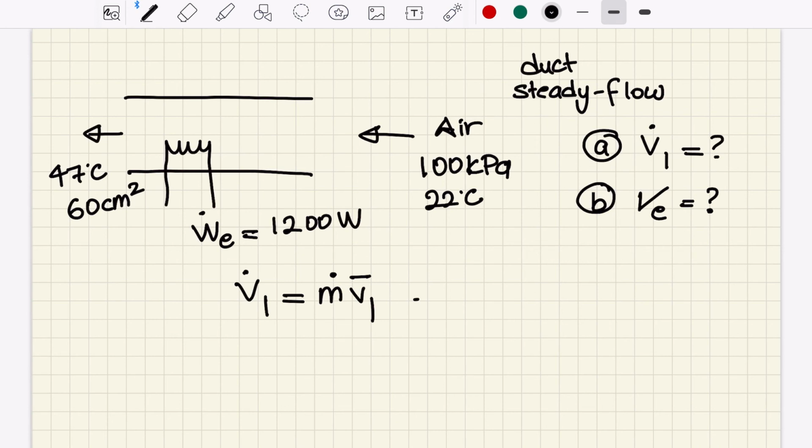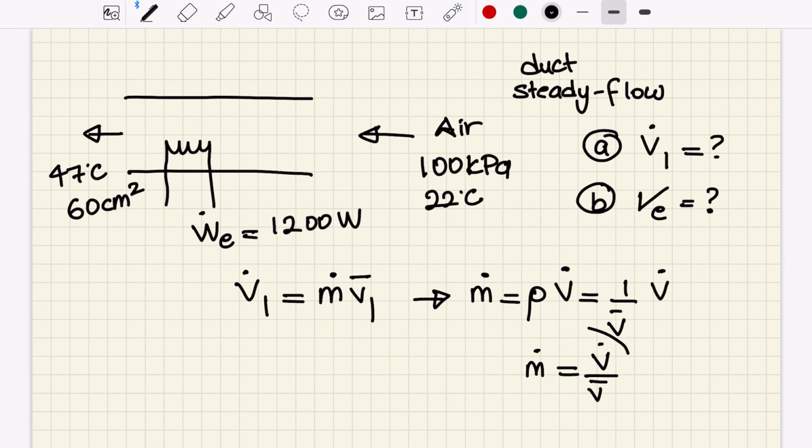This comes from basically mass flow rate equation, where it is density times volumetric flow rate, but density is 1 over specific volume. So basically mass flow rate is actually volumetric flow rate over specific volume. Okay, this equation comes from there. So if we want to calculate the volumetric flow rate at the inlet, we need to know the mass flow rate and the specific volume at the inlet.